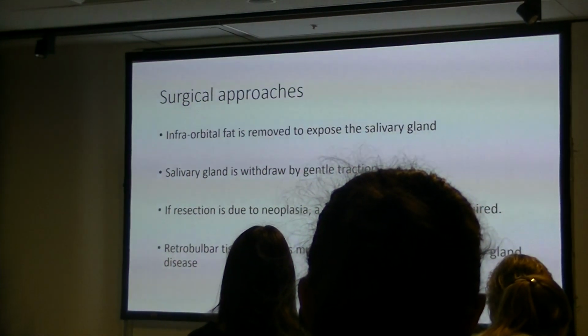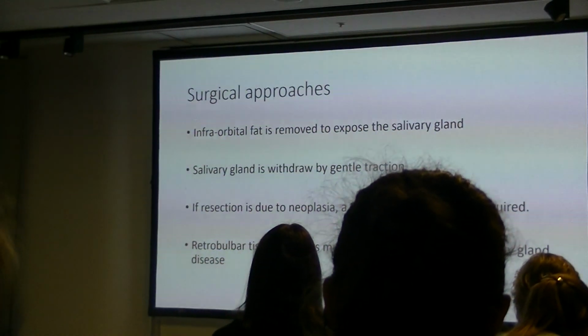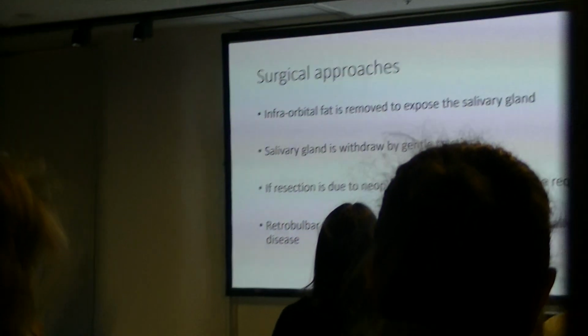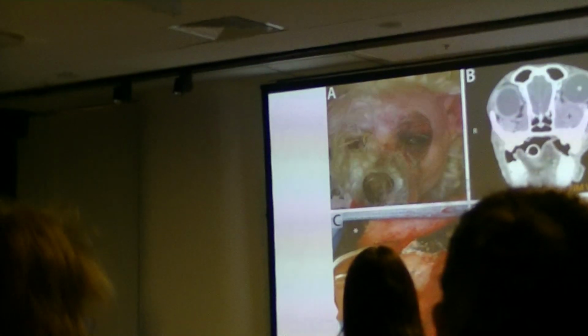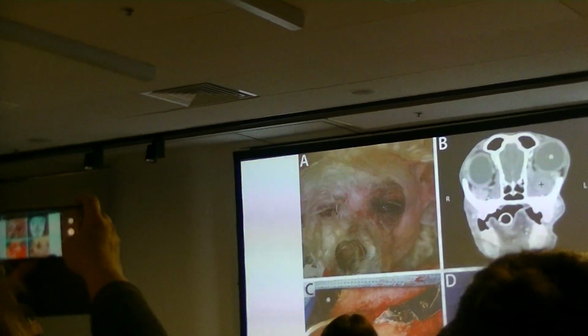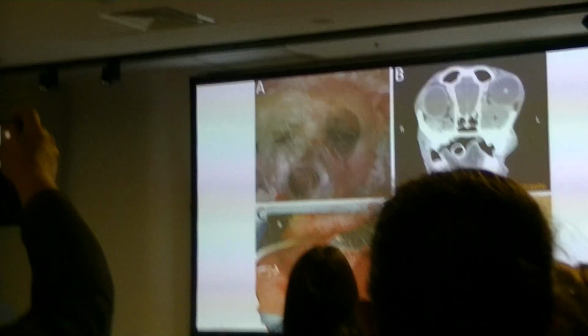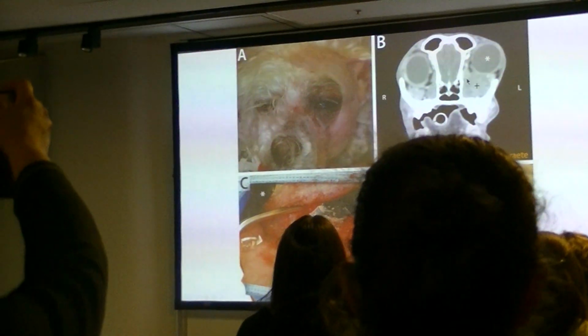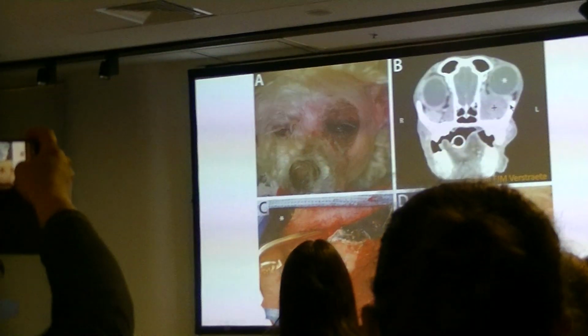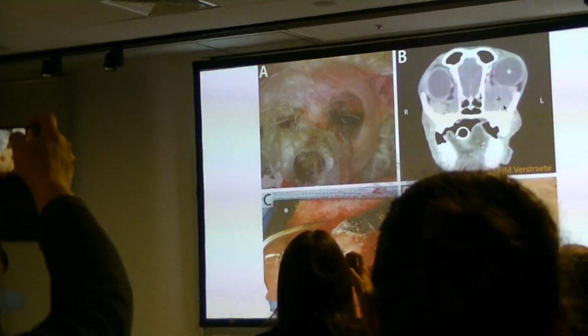We need to differentiate other structures that might be in the area and causing problems. And the next case is a case of a fat tumor. This is credit to Professor Verstraete and his team, where we can see that they did a CT on the animal. You can see this massive area here, this enlargement, where we'd expect to see the zygomatic gland up here.